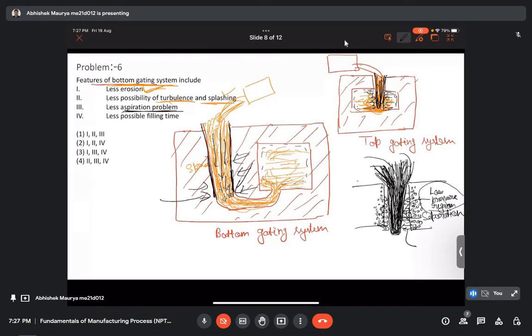So this problem cannot be avoided in the top gating system. So in this question, for bottom gating system, less aspiration problem, this is correct.